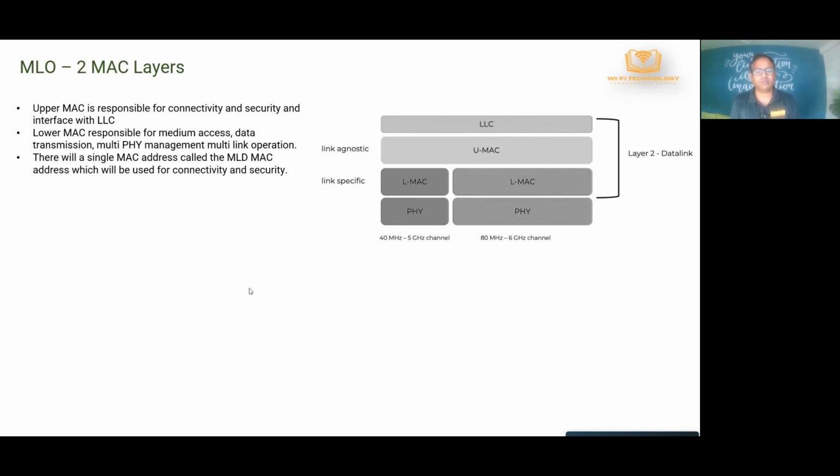In the MAC layer, we have a single MAC address called the MLD MAC address, or multi-link device MAC address, and that is the MAC address used for all the communication across multiple links, right? The same MAC address is used for connectivity, association, and also for security, all the four-way handshakes and other things that we do. That is the same thing used across the multiple physical layers.